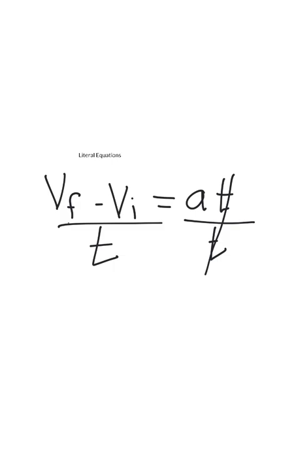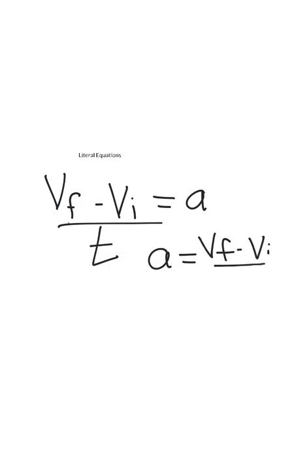Now we are left with our final equation, which is V final minus V initial divided by time is equal to A. And it could also be written like this: A equals V final minus V initial divided by time. Keep in mind, VF and VI stand for final velocity and initial velocity. Hope that helps. Thanks.